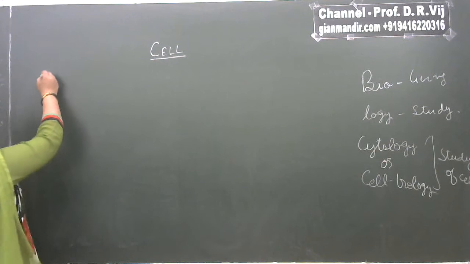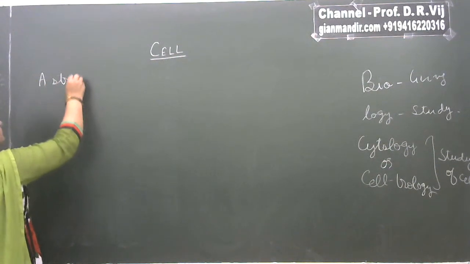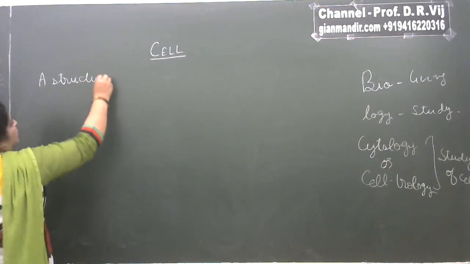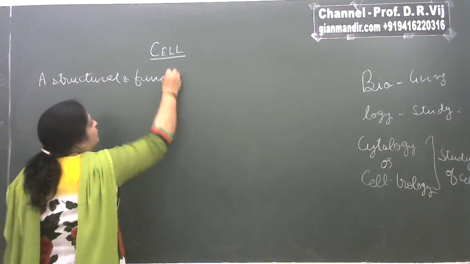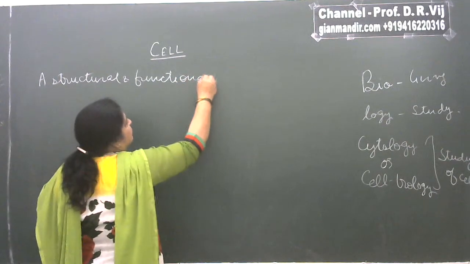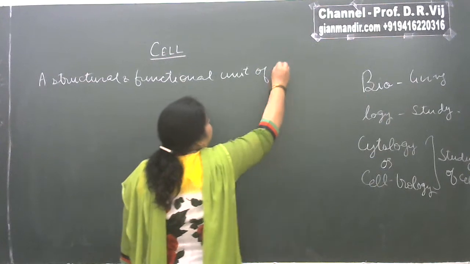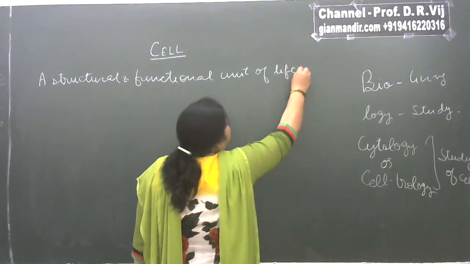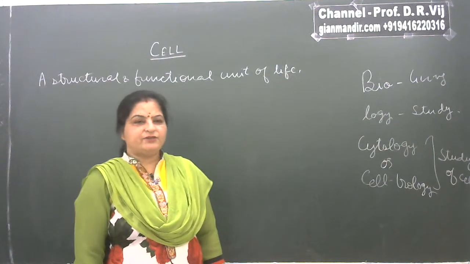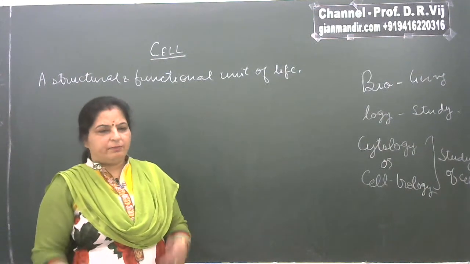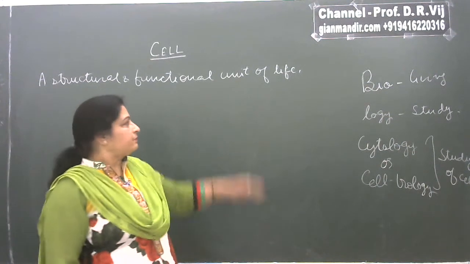So, what is a cell? In very simple words, a cell can be defined as a structural and functional unit of life. All living organisms, whether plants or animals, whether small or big, they all are made up of cells, right?